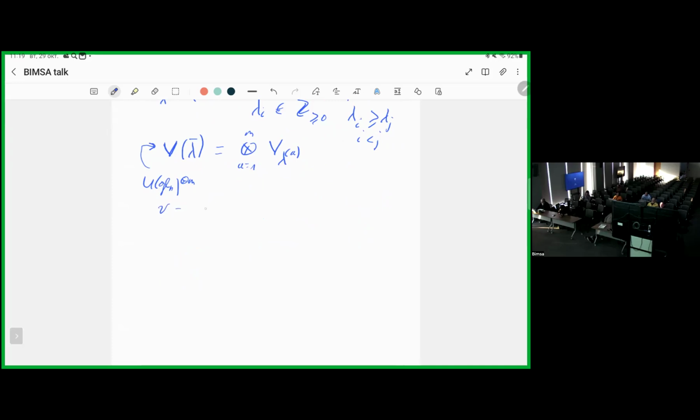So v is a common eigenvector of my Bethe algebra, and it lives in here, V of lambda.